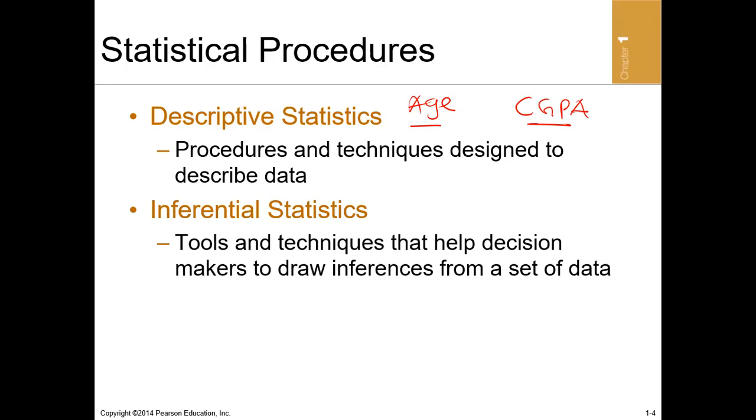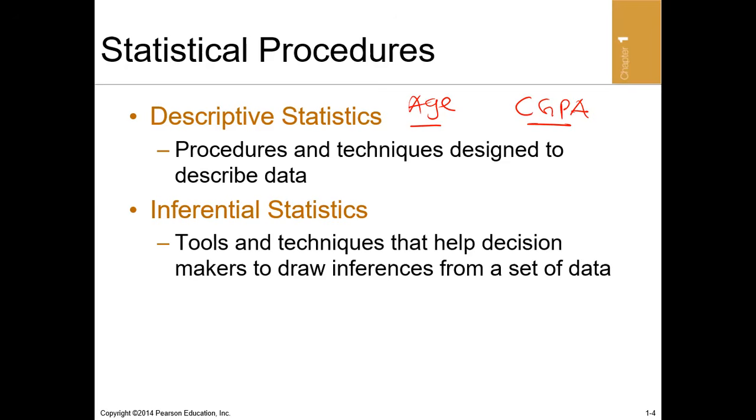So descriptive statistics simply talks about presenting statistics on the obvious aspect of the data, like the data on their age and the data on their CGPA. Obviously, I can find the average age. Obviously, I can find the average GPA. That is why some books say that descriptive statistics is actually summary statistics or summary measures.